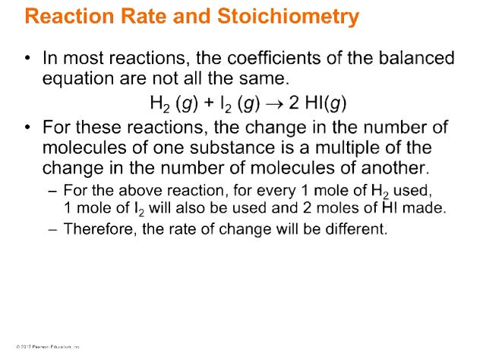So for instance, in that reaction, for every 1 mole of hydrogen used, 1 mole of iodine will also be used, but then we're producing 2 moles of hydroiodic acid. So the rate of change will be different for each of those different molecules, because again, we're producing twice as many hydroiodic acid molecules as reactants being used.